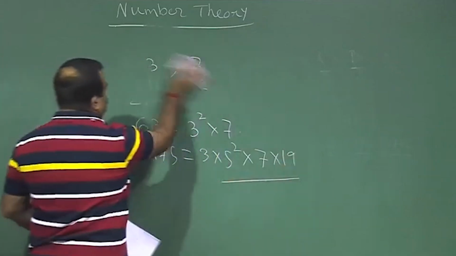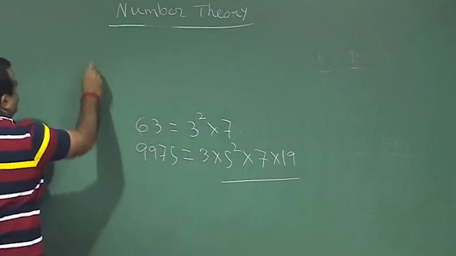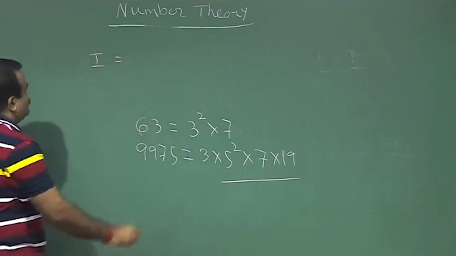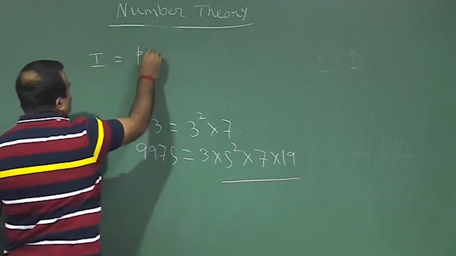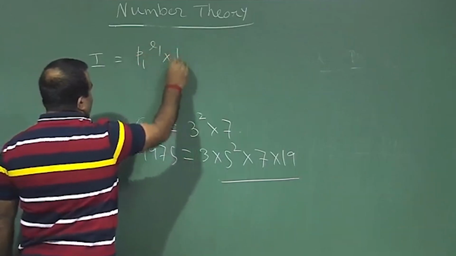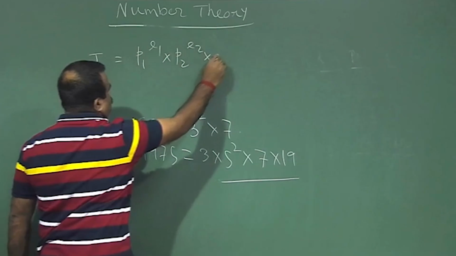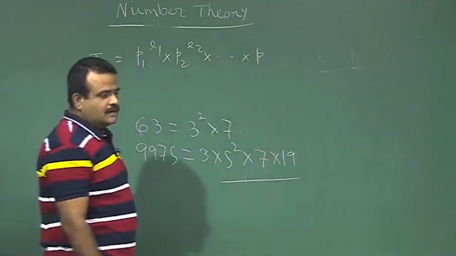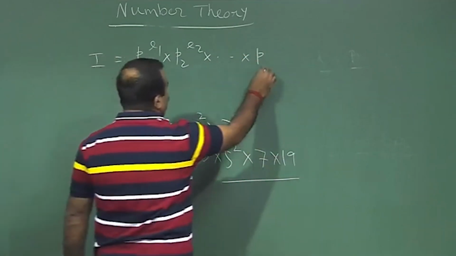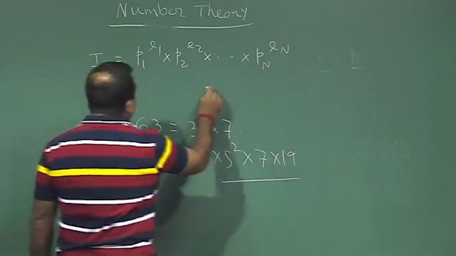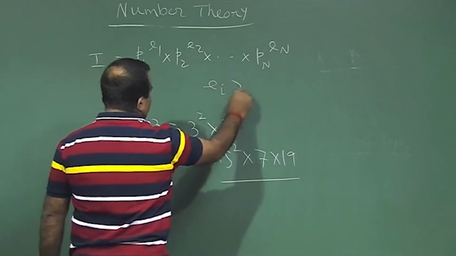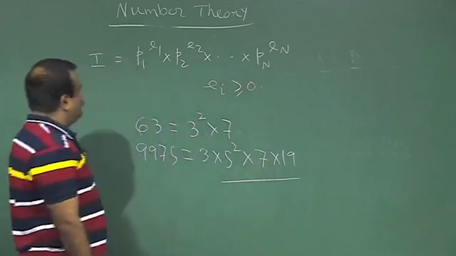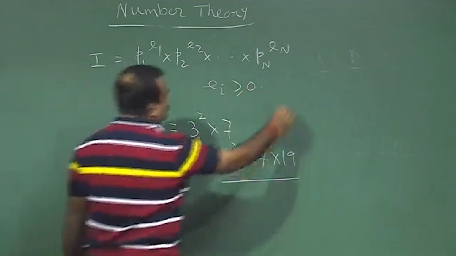That means any integer I is either a prime or it can be written as a product of prime factors, p1 to the power e1, p2 to the power e2, dot dot dot, pn to the power en, where the e i's are greater than or equal to 0, I is a positive integer, and the p i's are all prime.